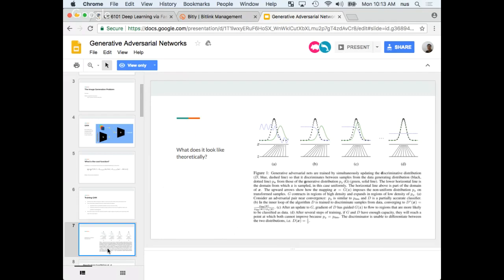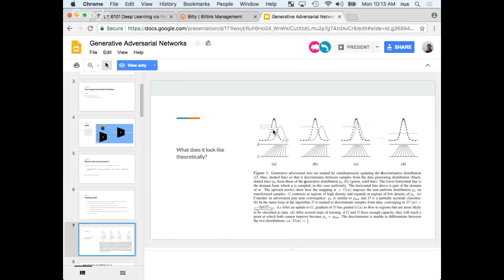Now, the job of the discriminator is to output a high value when it's pretty certain that it's real data, and a low value when it's fake data. So as you can see that initially the discriminator is sort of unsure. It's pretty confident that it's still in this area.